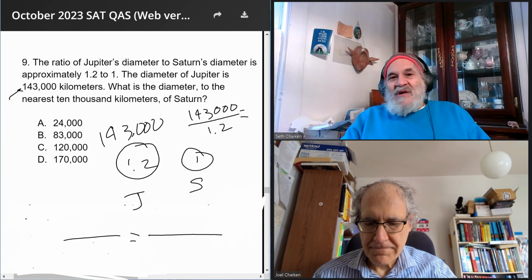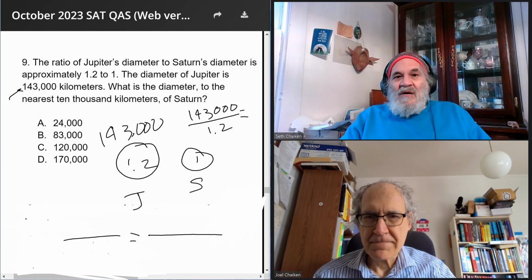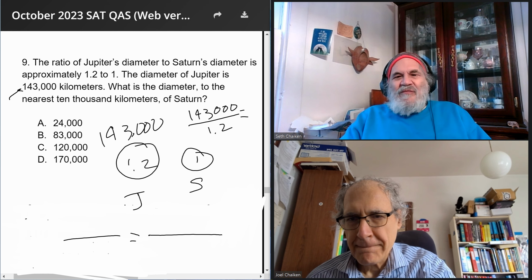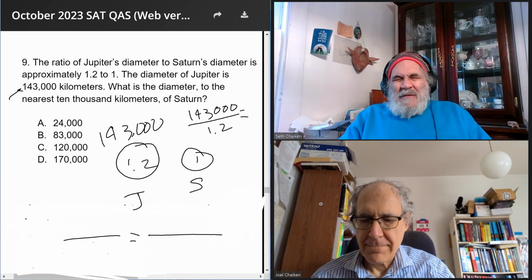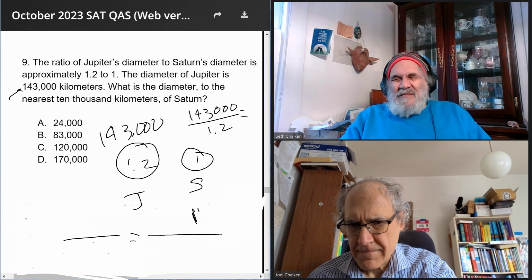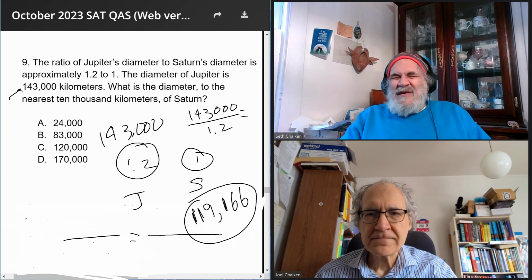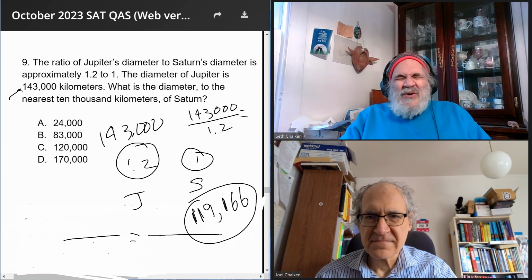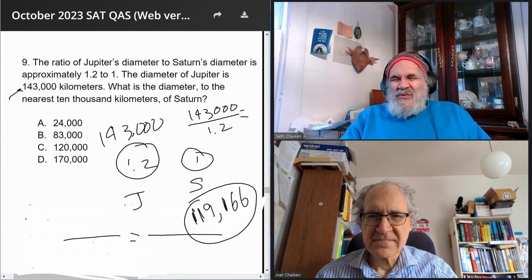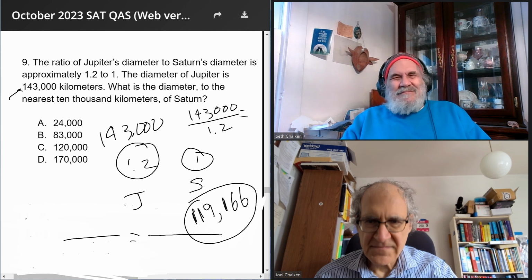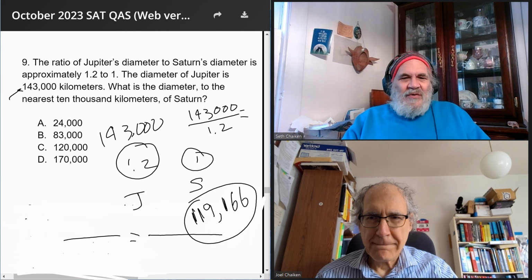So you take 20% of 14, which is a tenth of 14, which is 1.4. Double that, 2.8. Subtract 2.8 from 14, or subtract around 2 from 14, and you get 12. And this is the only one that looks even close.